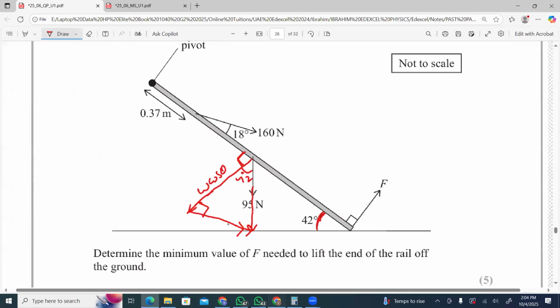So remember the rules to solve these kinds of questions. Remember these rules, okay? The first one is F and R must be perpendicular to each other.